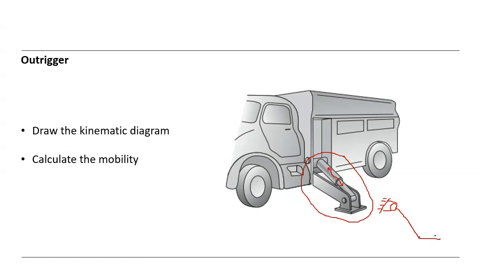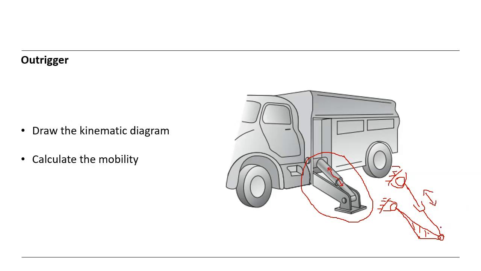And maybe this is like this here. And there is another joint here. So this is a linear motion here.